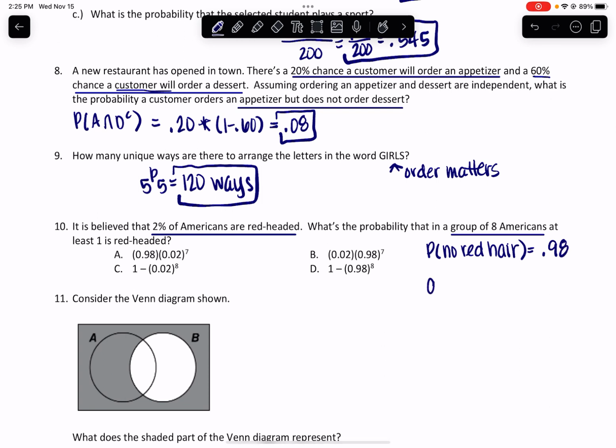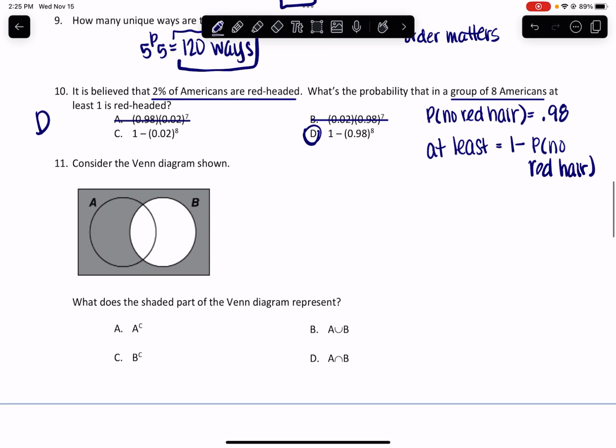And remember, at least one equals 1 minus the probability of no red hair. Now, I only did no red hair for one person. This is for 8 people. So, first of all, that knocks A and B out. So it only leaves C or D, and in this case, the answer choice is D.